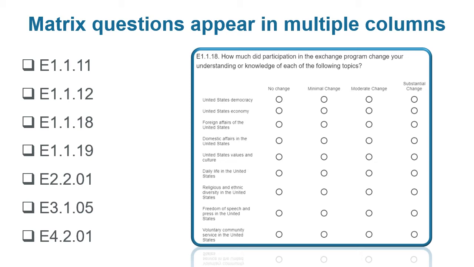So in this case, there will be a column for United States democracy with respondents' answer choices for that topic listed below. Then there will be a second column for United States economy with respondent answer choices listed below that. This continues for each topic of the matrix question. You will want to copy each column and put it in the associated column in the raw data submission template.